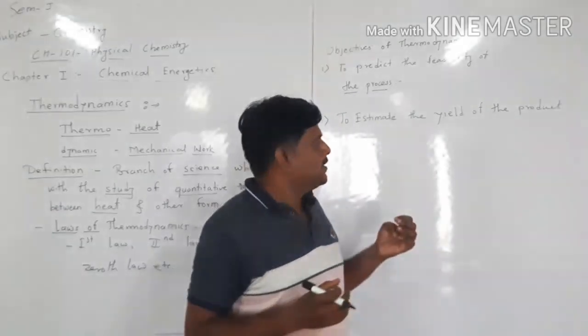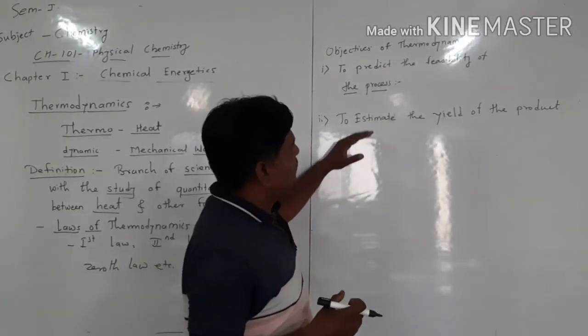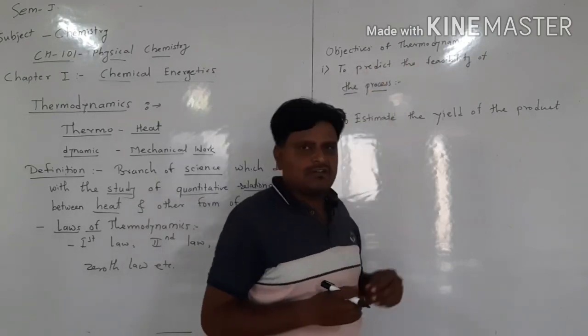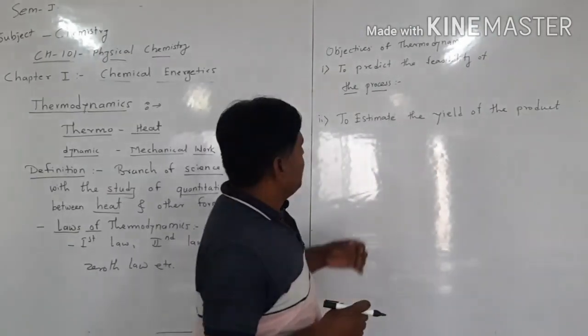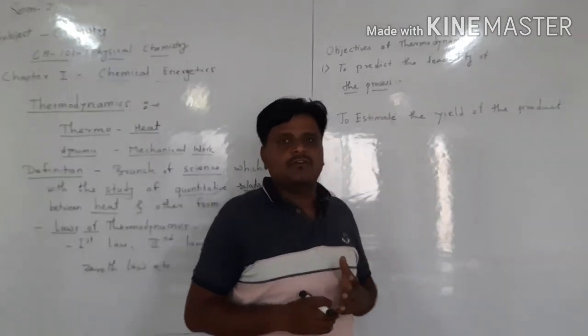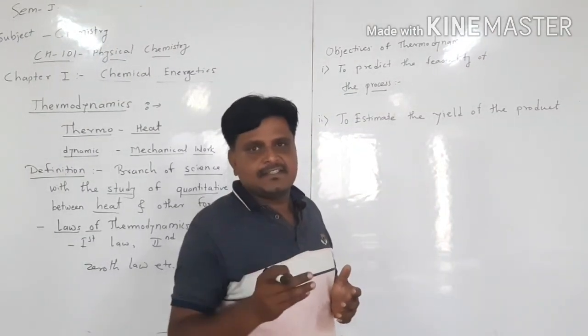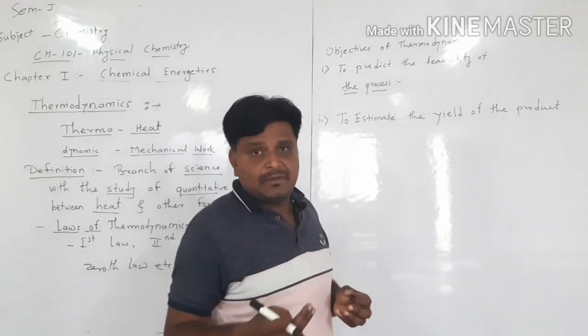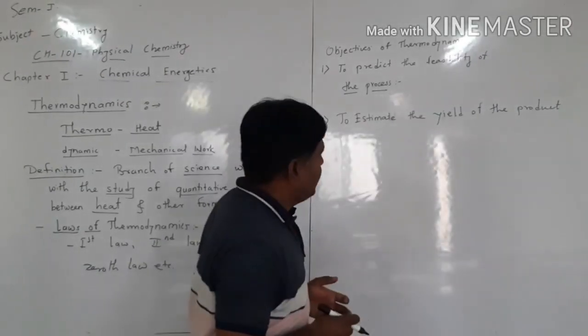We can determine this very easily by using thermodynamic concepts and conditions. We can find out the amount or yield of your product, whether that yield is 70%, 90%, 95% and so on.